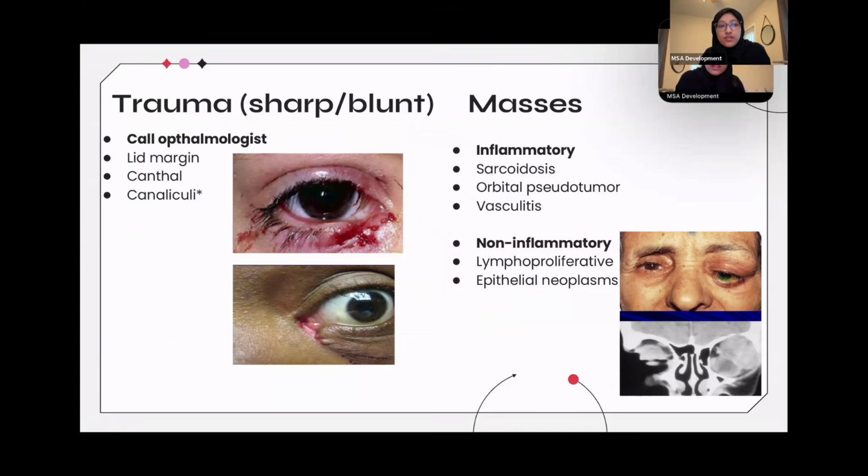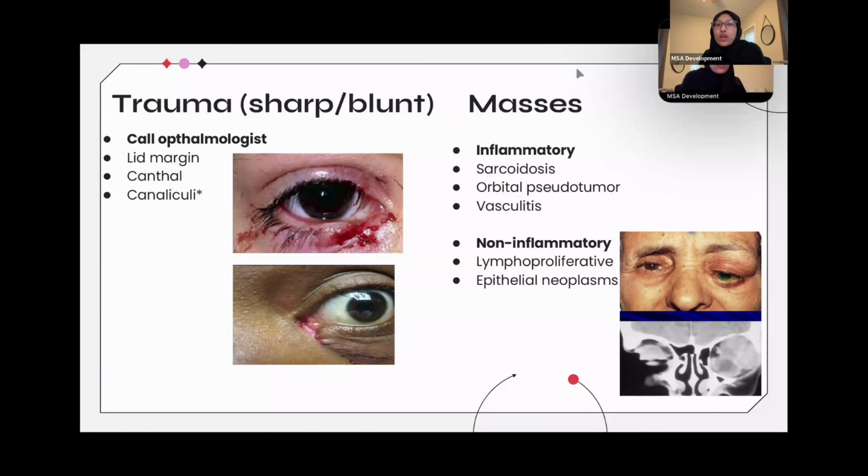So canthus is like the side of the eye. Canaliculi are the ducts that drain here. So if these three are affected in trauma, whether sharp or blunt trauma, you have to call an ophthalmologist. And this picture here is involving the canaliculi or the duct. So it's very disfiguring, and you have to call to make sure that there's no more damage that's happening here.